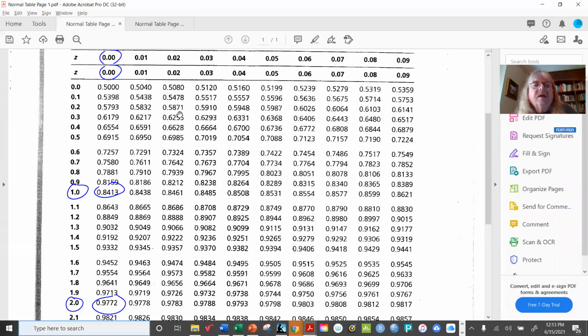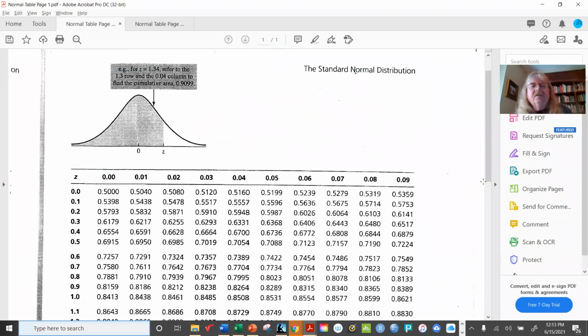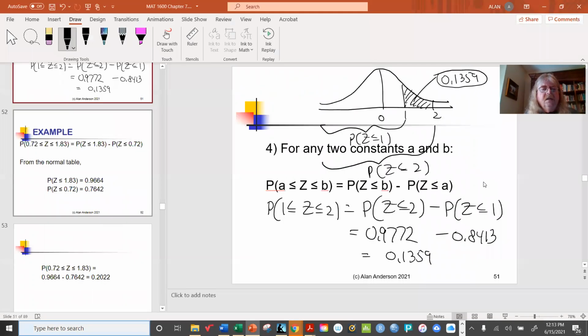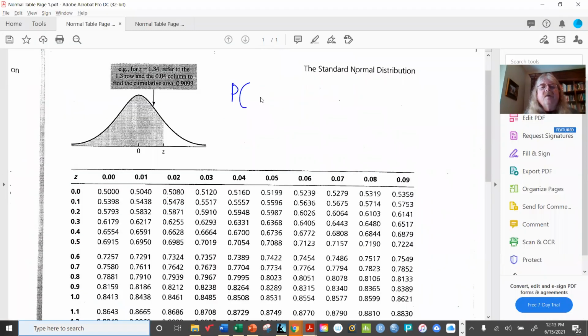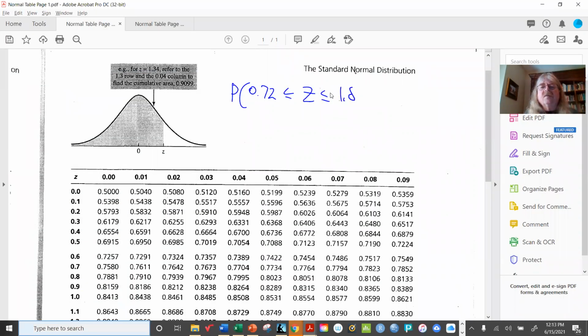Let's go here to the positive table. And what we are going to do now is the probability that z is between positive 0.72 and positive 1.83. Now, by the way, this works whether these numbers are positive or negative.